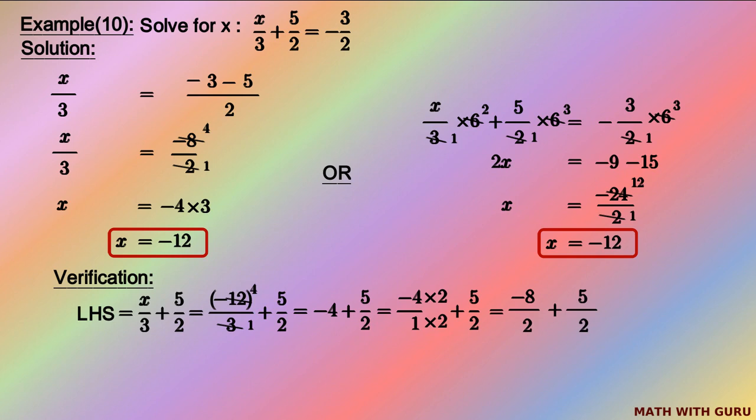Let us write down the numerators over the common denominator like this. Minus 8 plus 5. This is equal to minus 3 over 2. This is minus divided by plus is minus. Therefore, minus 3 over 2. This is equal to RHS.